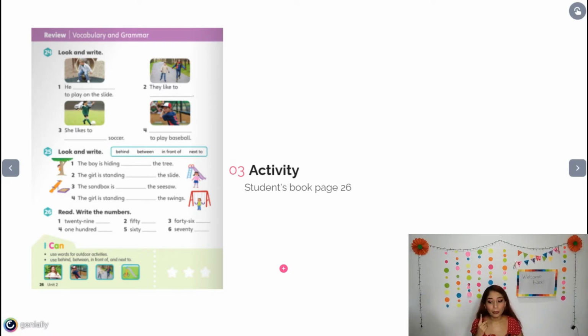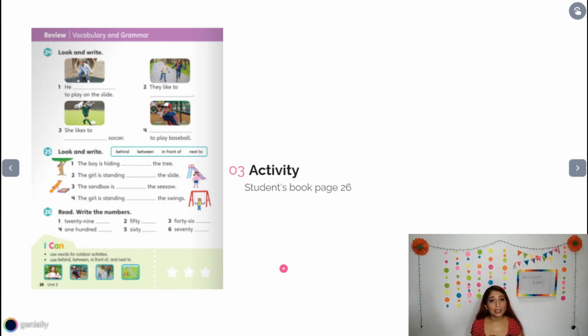Number 1, he blank to play on the slide. Now you're going to write like to or likes to. If the personal pronoun is he, are we going to use like to or likes to? You write it down. Number 2, they like to.